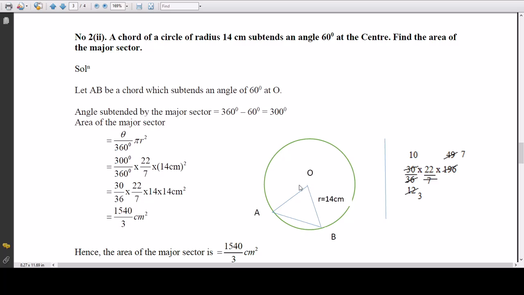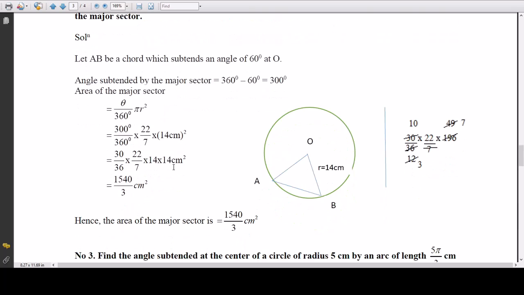That means the major sector will have an angle at the center of 300 degrees. Now using the same formula, and radius is 14 centimeter, 300 by 360 multiply pi 22 by 7 multiply radius square 14 multiply 14. Then 14 square is 196, the same as the previous case.